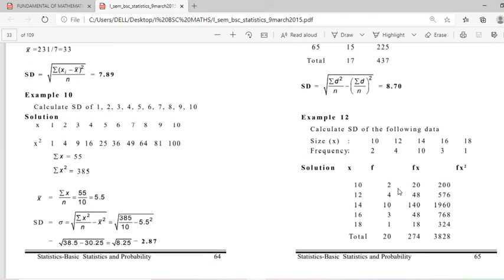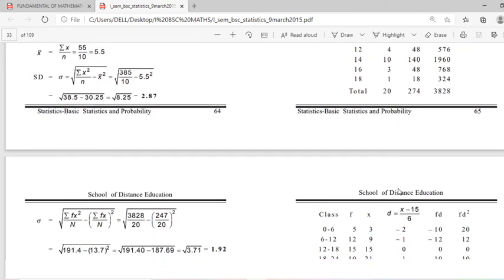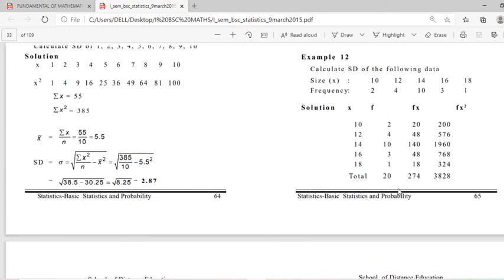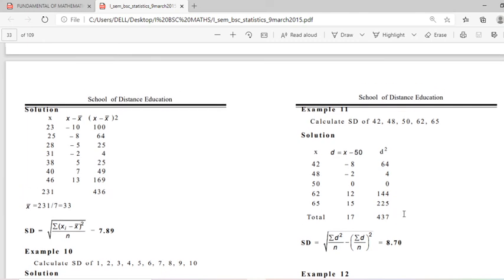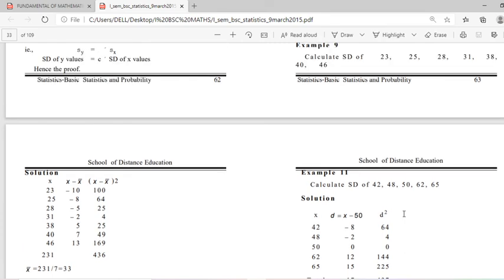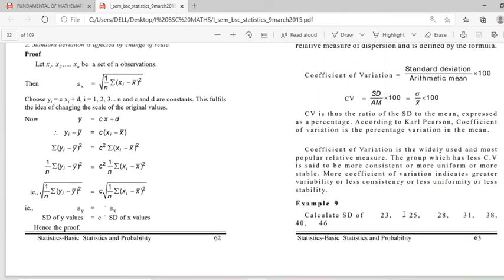The formula we have derived. Anyway, up to this example 11 you may write and submit on the Moodle platform, and after that we will discuss the remaining problems. So you will get an idea about the calculation of this standard deviation.